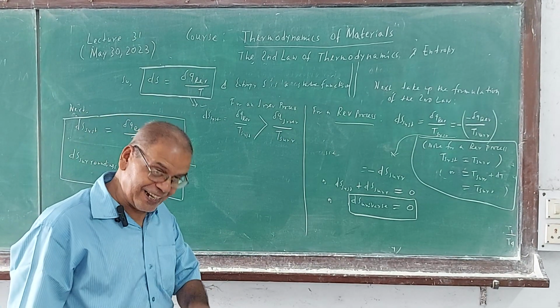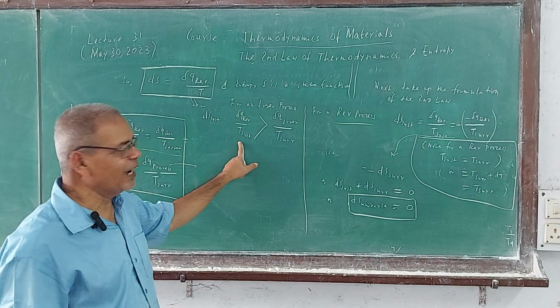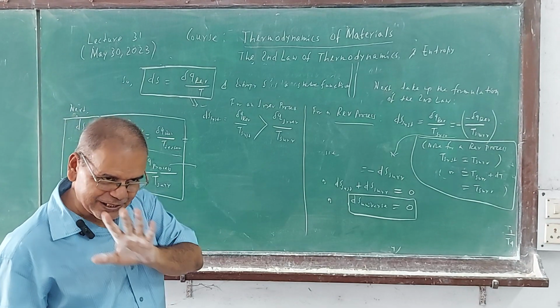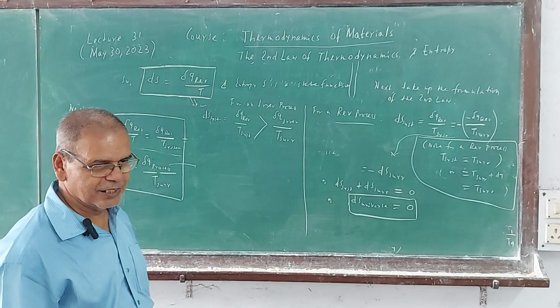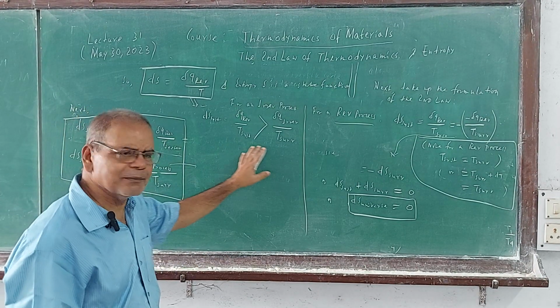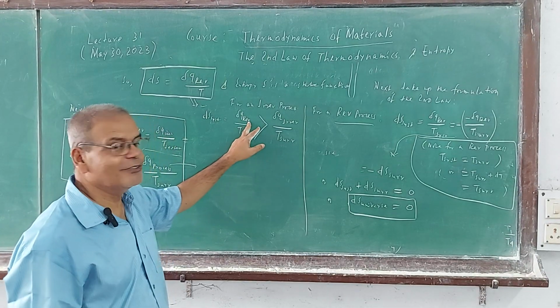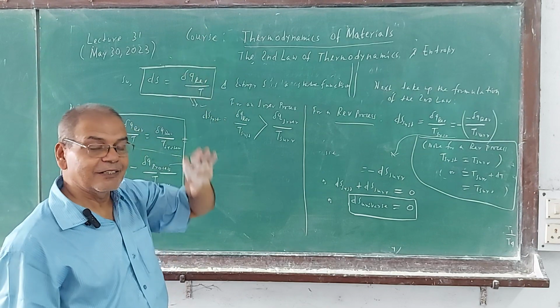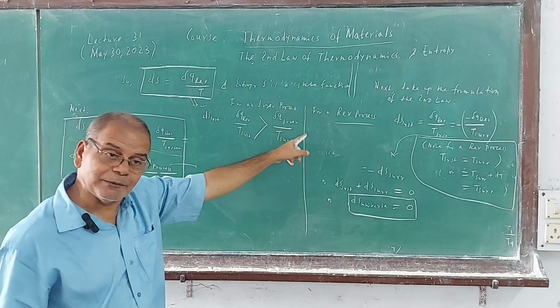This I will take up. I will show you why this happens. I can very easily show you. Suppose isothermal process, suppose that's for easy explaining. T system is T surrounding, but we know dQ reversible is greater than dQ irreversible. Isothermal gas expansion: dW reversible is greater than dW irreversible.